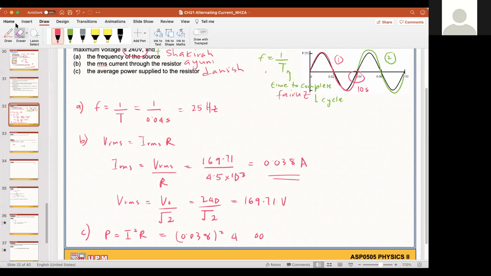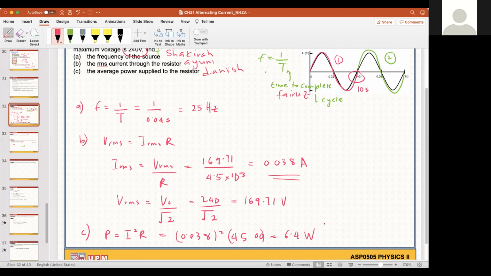And then we get 6.4 watt. It's spider. Mommy, it's spider. Okay. Sorry. 6 point berapa tadi? 6.4 watt.